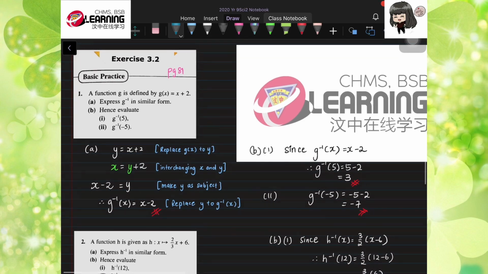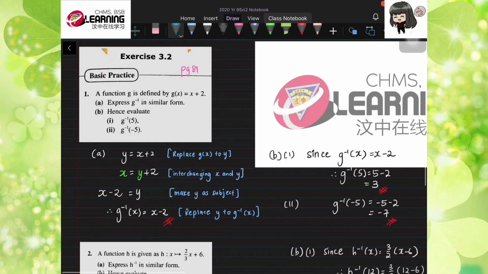Please check your answer and compare it with mine, and tick it yourself using a red pen. I hope you copied the questions and did it all by yourself. If there are any answers that are not the same, please correct and fix them. Do correction.